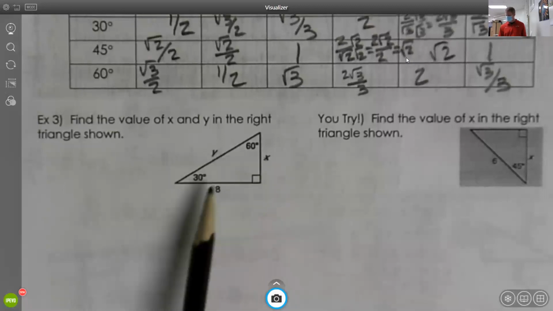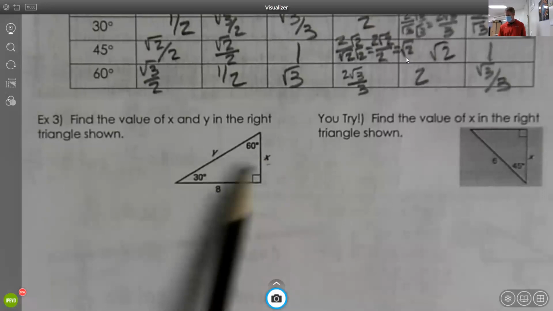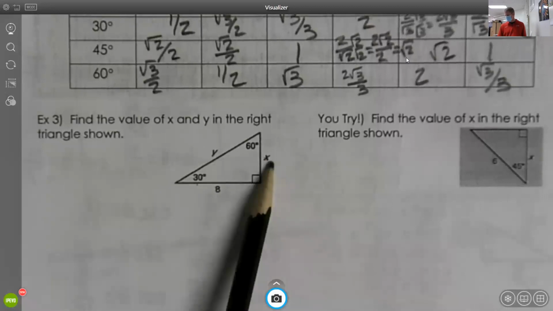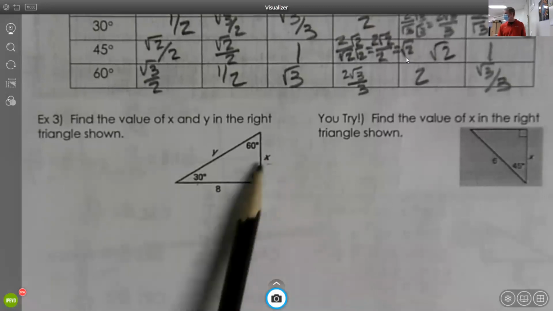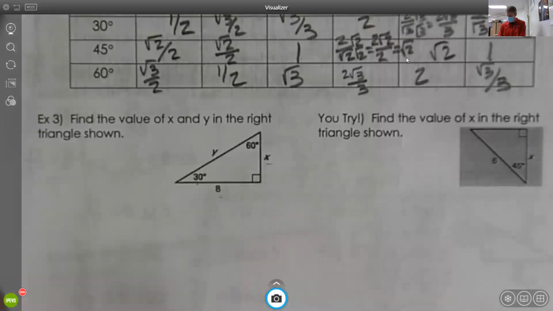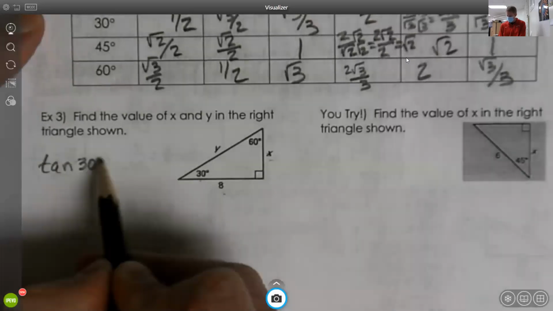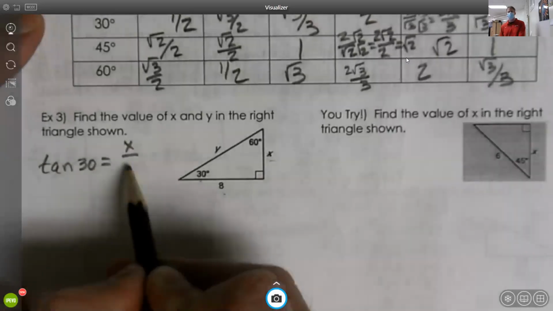Well, x is the opposite side of the 30. Okay, so going from 30, opposite over adjacent, that's going to be tangent. So tangent of 30 equals x over 8.